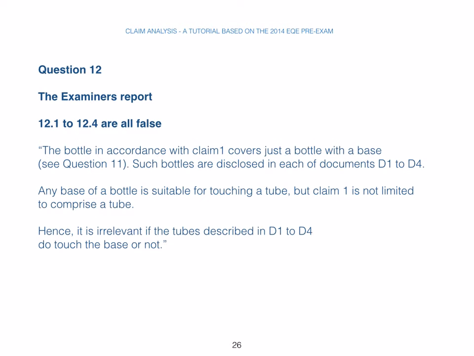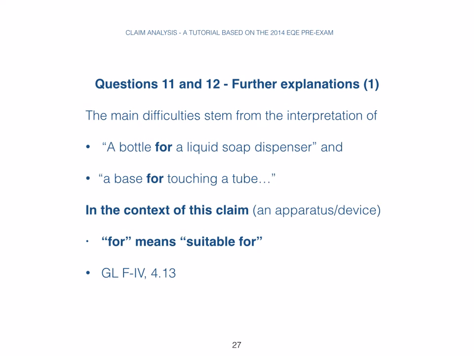Turning now to questions 11 and 12, further explanations which I add. The main difficulties stem from the interpretation of the words a bottle for a liquid soap dispenser and a base for touching a tube.